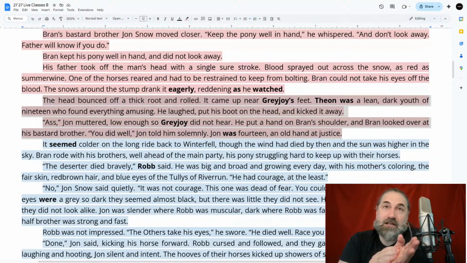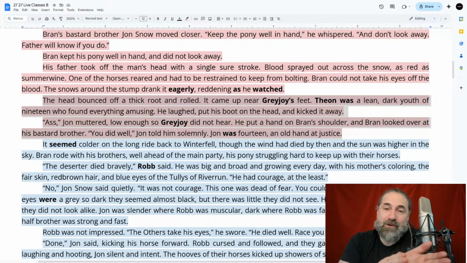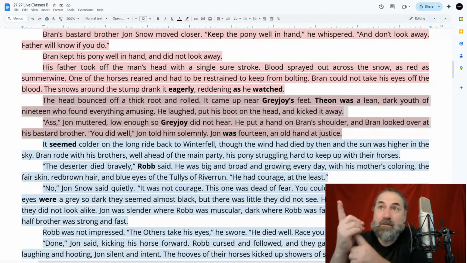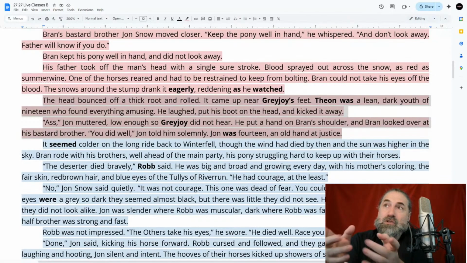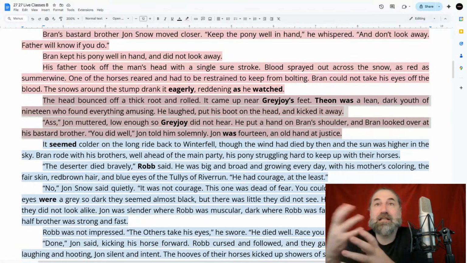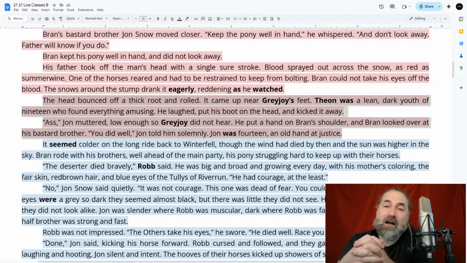Because he's the adopted son, including Jon, have morals, have standings, have respect for the process. We're learning a lot about who they are through their behavior, and that's creating their positions. Greyjoy, on the other hand, he puts his foot on the head. He's laughing. He's doing all these things. He is not holding up to the standards of the Stark boys.